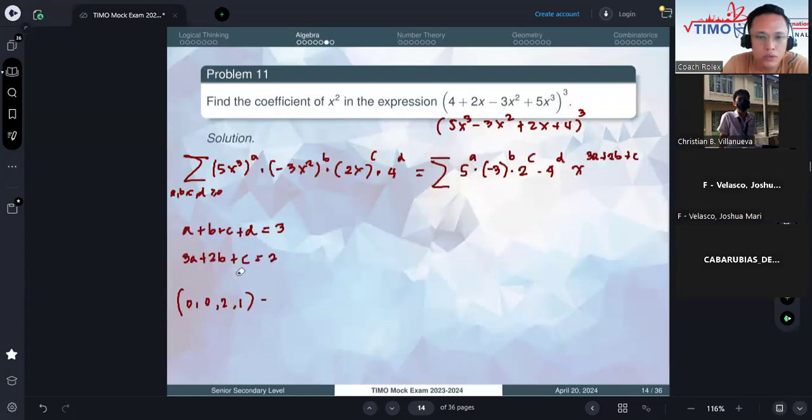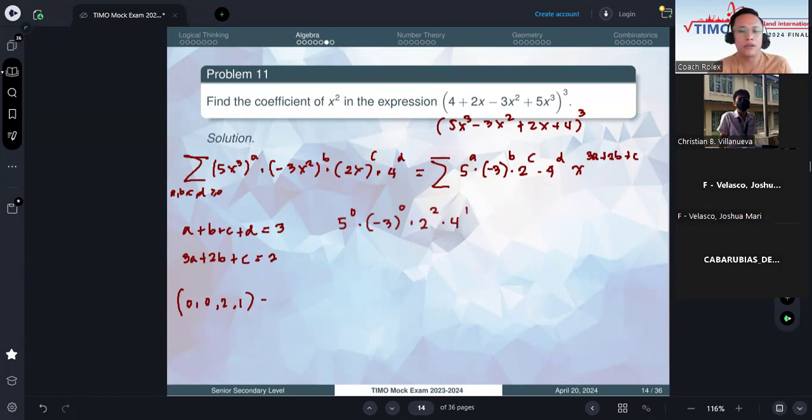Okay, so let's try. We have 5 to the a, so 5 to the 0, times negative 3 to the 0, times 2 to the 2, times 4 to the 1.